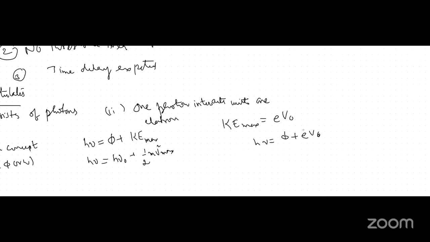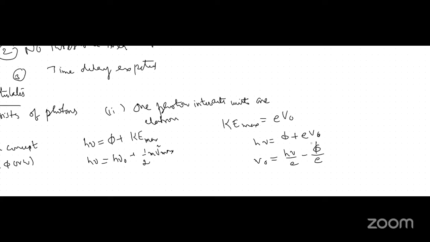If we solve for V naught from this equation, we get V naught equals h nu by e minus phi by e. This is Einstein's equation in terms of the stopping potential.